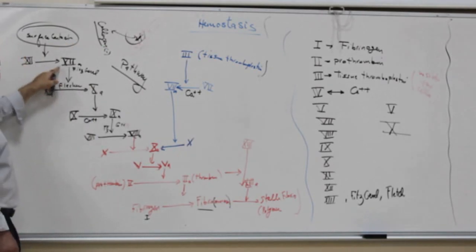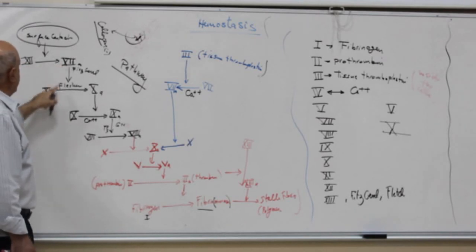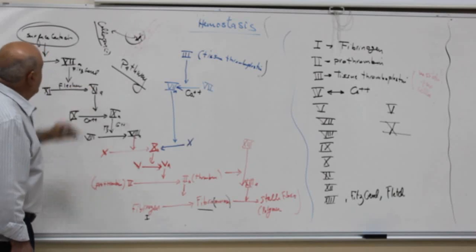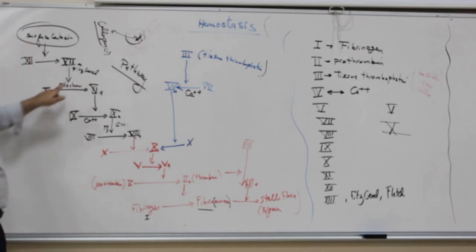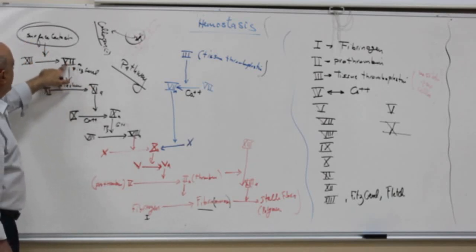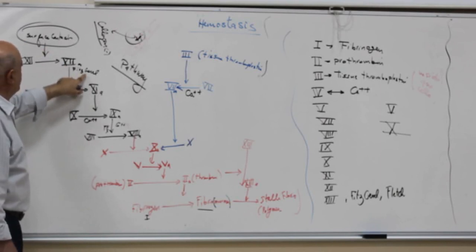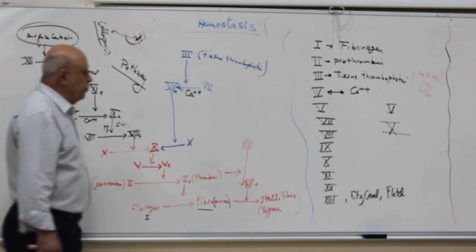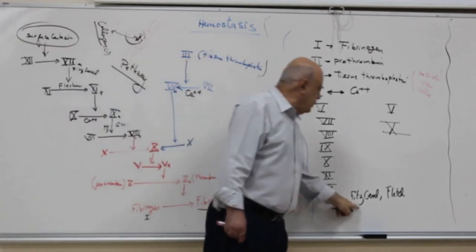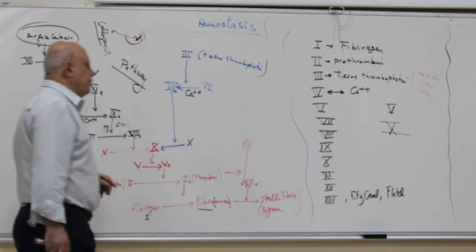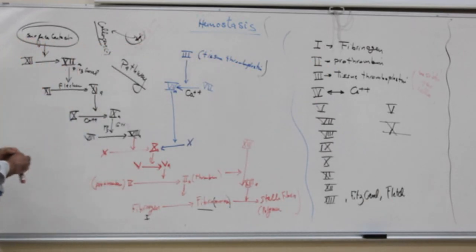As soon as factor 12 is activated, it activates factor 11. Activation of factor 11 requires two other factors, Fitzgerald and Fletcher, the two clotting factors that do not have numbers.